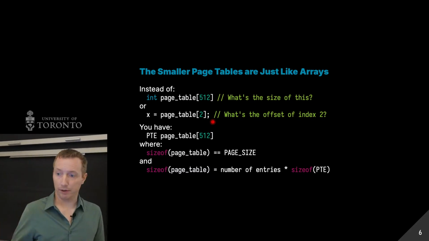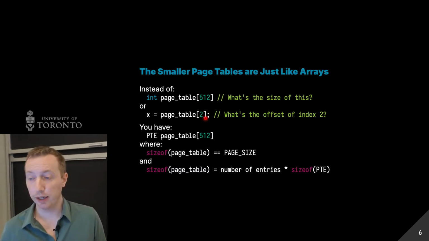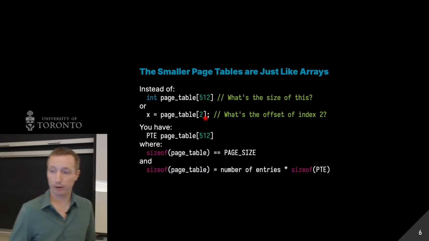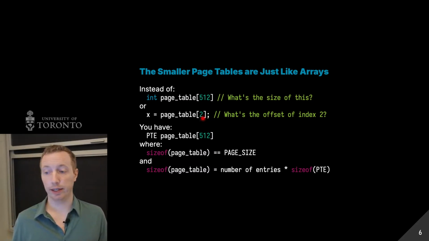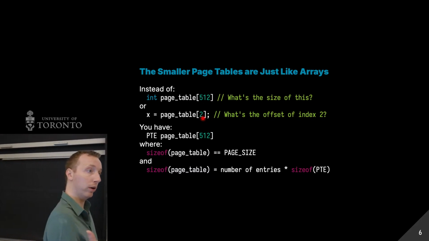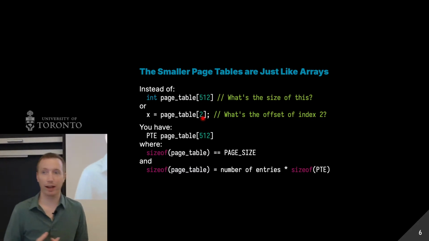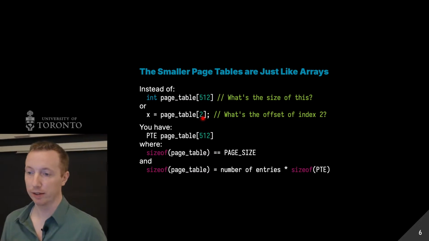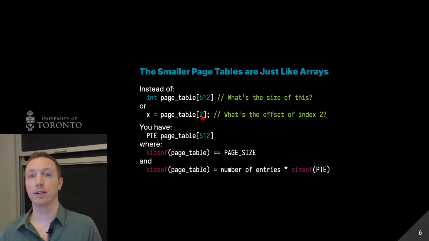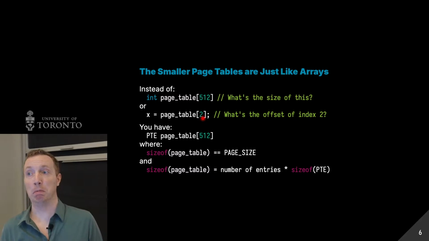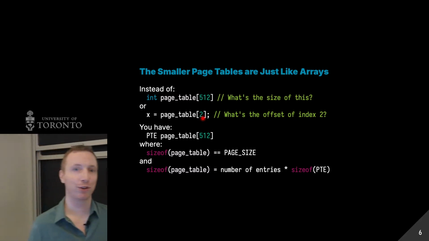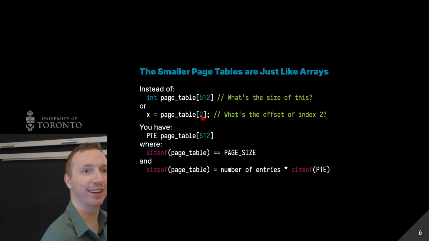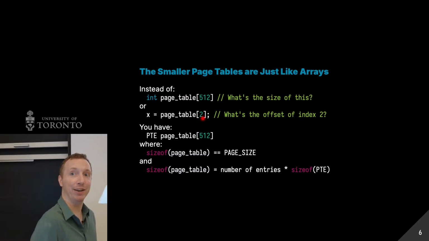And for offsets, if each int is 4 bytes, and I'm accessing the int at index 2, what byte does that int start at? 8, right?